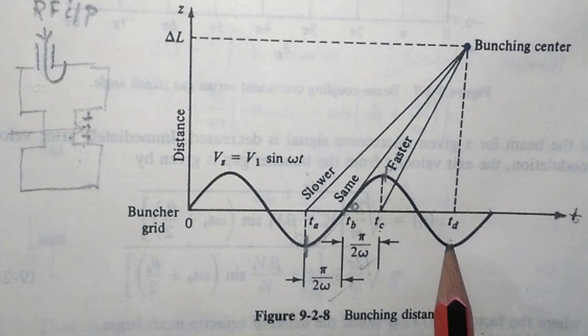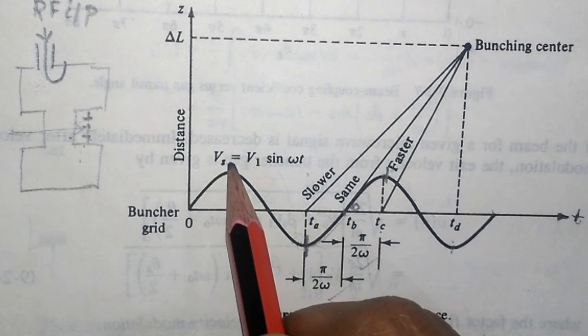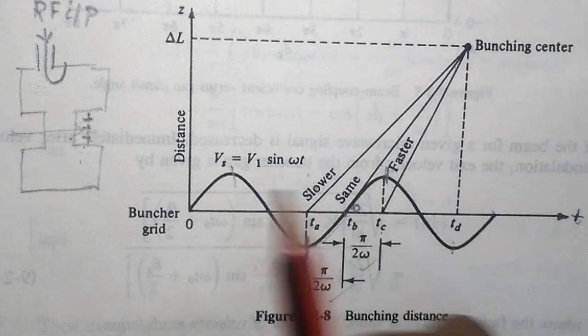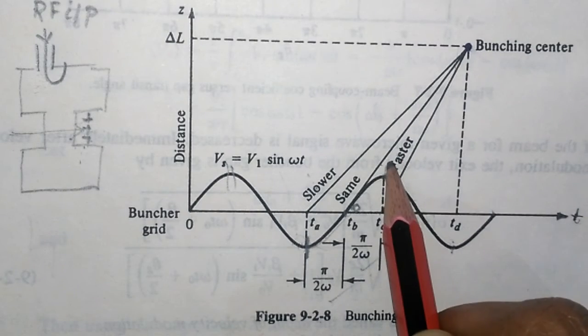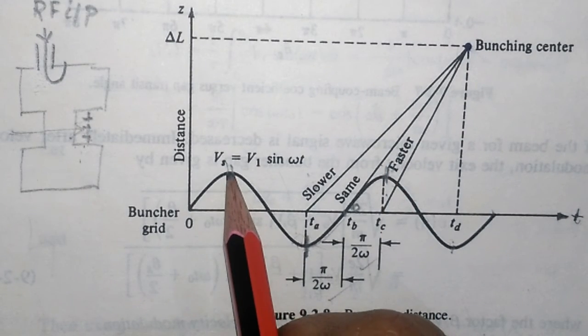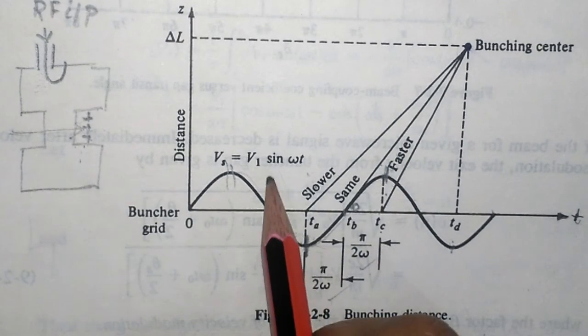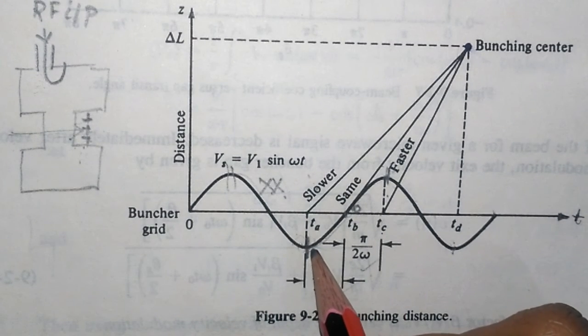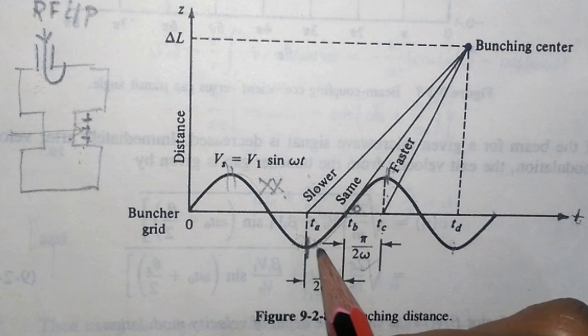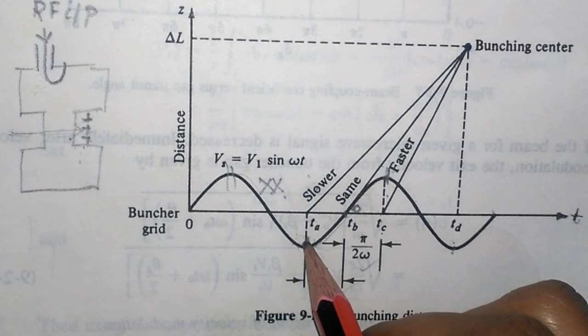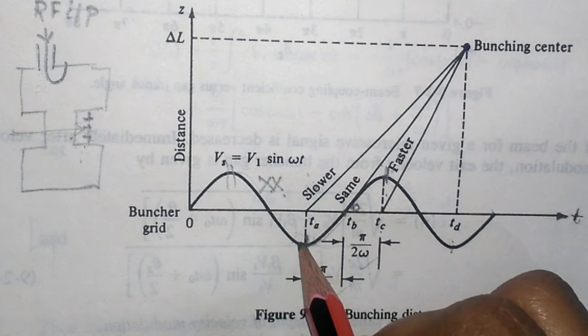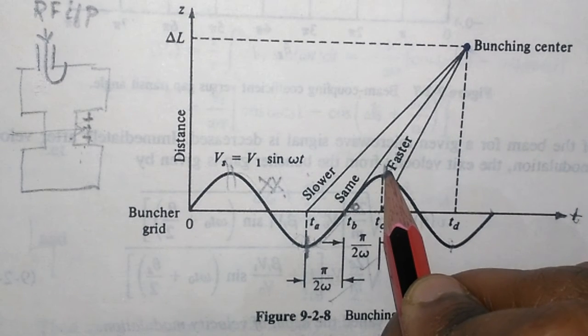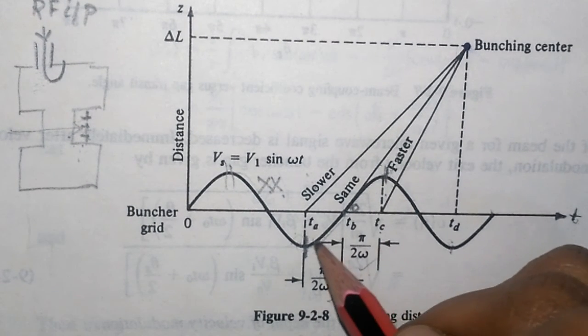No. Please understand, that's why I told you in the previous video that in one cycle, let me consider from this positive peak to this positive peak as one cycle, there is no formation of bunches from this part. Here no bunches can be formed. Bunches can be formed, or the probability of forming bunches exists, only from the negative peak of the input voltage to the positive peak of the input voltage.